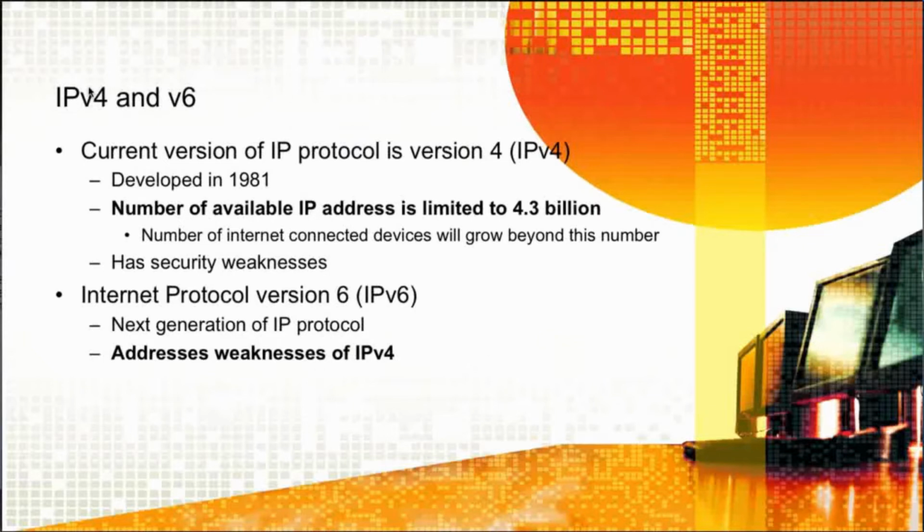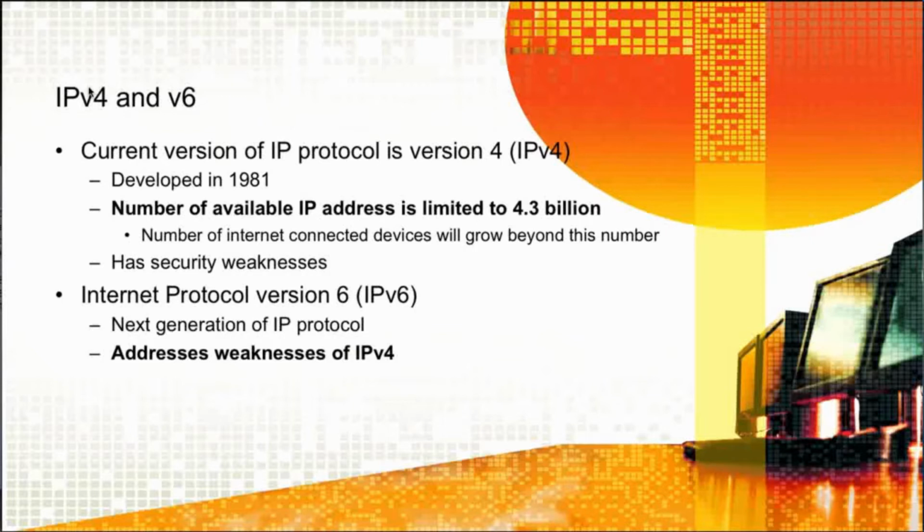Next, let's talk about IP version 4 and IP version 6. The current protocol standard of the internet is IP version 4, although it is actively being phased out. Originally introduced in 1981, the number of available IP addresses is limited to 4.3 billion.